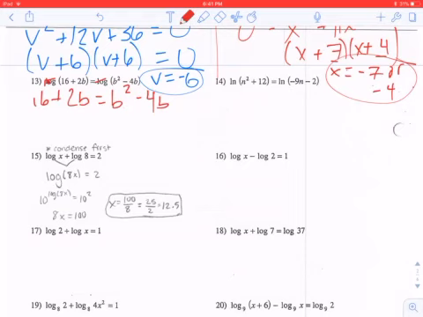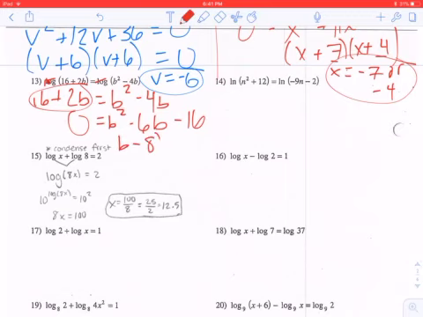And I want to keep b squared positive, so I'm going to say b squared minus 6b minus 16 is equal to 0. I moved this stuff over to the right side. And if I factor that, I should get b minus 8 and b plus 2. And then my two solutions will be positive 8 or negative 2 for b.